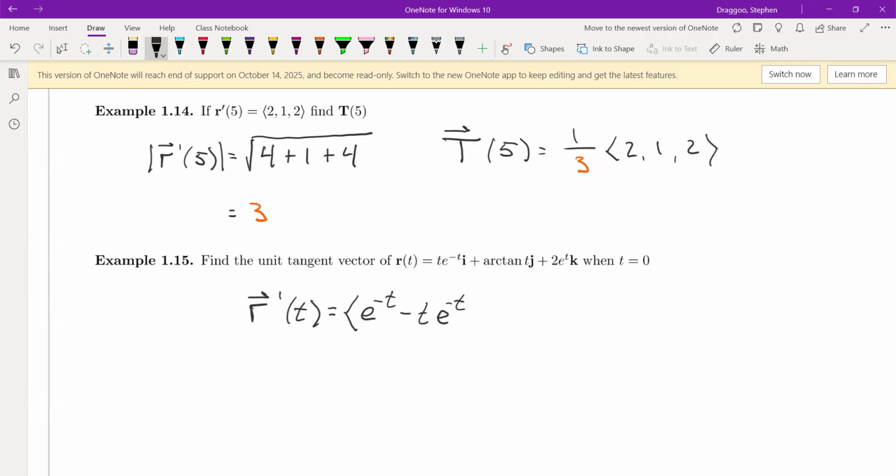Cool. So getting past the really difficult derivative, now let's do the derivative of arctangent. Let's see. 1 plus tangent squared is secant squared. So the derivative of arctangent is 1 over 1 plus t squared, if I'm remembering correctly. Got at least one thumbs up from the classroom, so I'm going to be bold and keep moving on. And then 2e to the t, that derivative is 2e to the t.